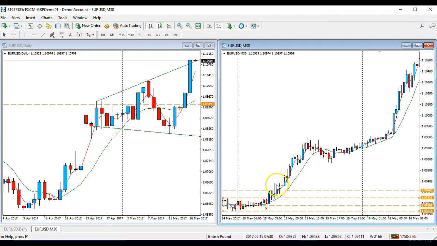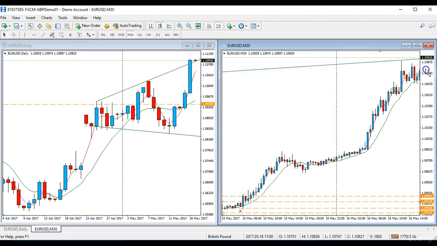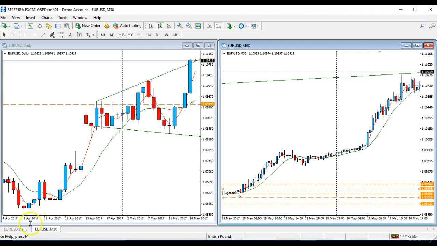Or what we can do is, when price moves away from us, we can move our stop loss to break even. So we move our stop loss up to the entry, and then we wait for price to move towards this area here, and we take our profits then, which is what I would recommend.